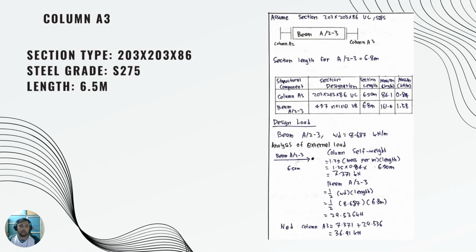Next, for column A3, the section type used is 203x203x86. The steel grade is also S275, and the length is 6.5 meters. The NED for this column is 36.91 kN.